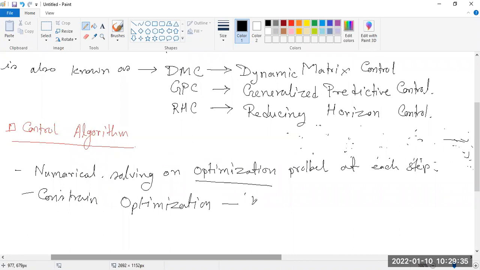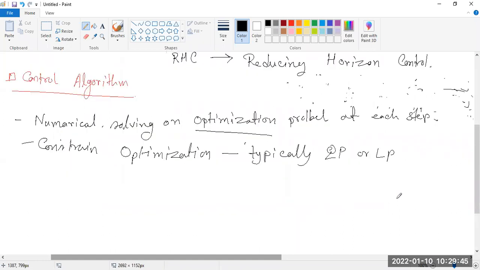Okay, it is called QP or LP. And receding horizon control. Okay, this is the control algorithm.